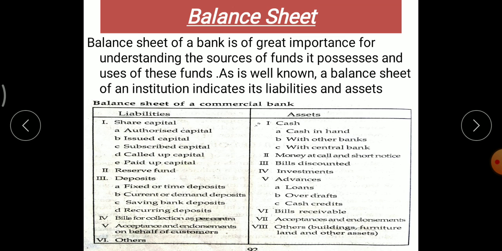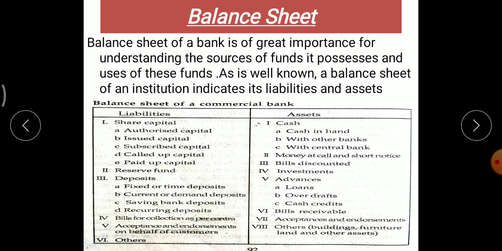Generally, the balance sheet of a commercial bank is prepared and published at the end of each financial year. The balance sheet of a commercial bank is more important than the balance sheet of an ordinary business concern.